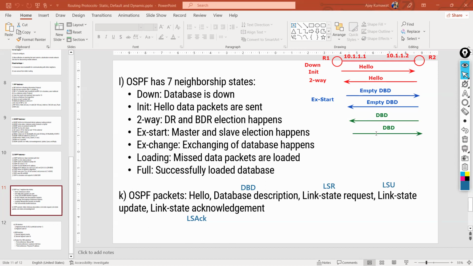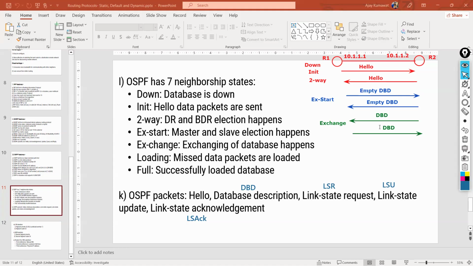Okay, now they are actually exchanging the database. So the state will change to Exchange, because they are actually exchanging the database. Now, once they have exchanged the database, let's say R1 came to know that there is a particular network or route in the database for which it needs more information.